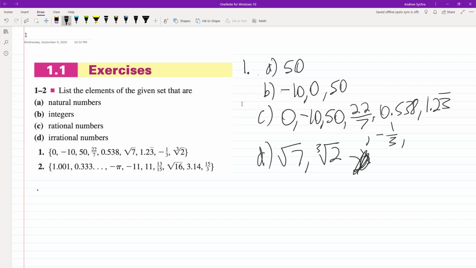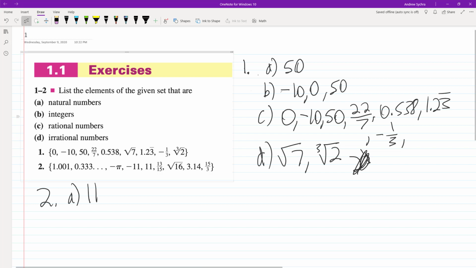I'll speed up here. So question 2, A. So we want natural numbers. It looks like just 11 here, because we can only pick 1 through infinity, where it's only integers. Would 16 be a value? I do not know.